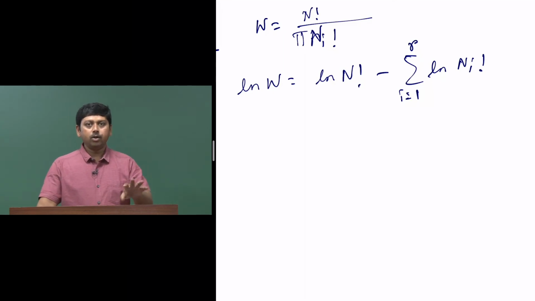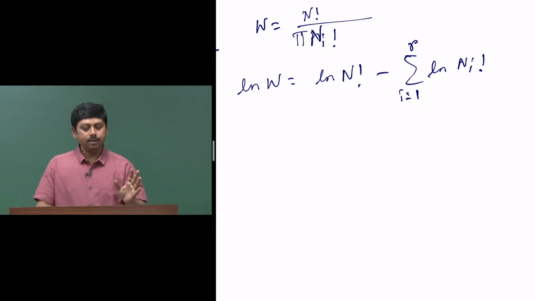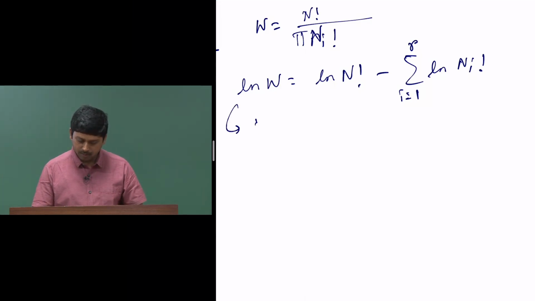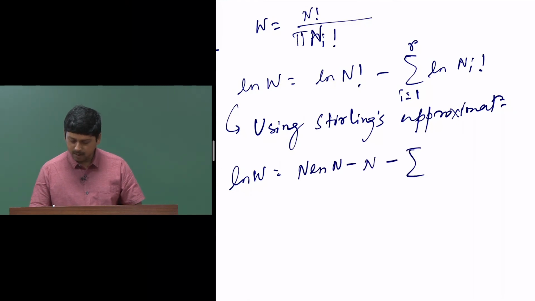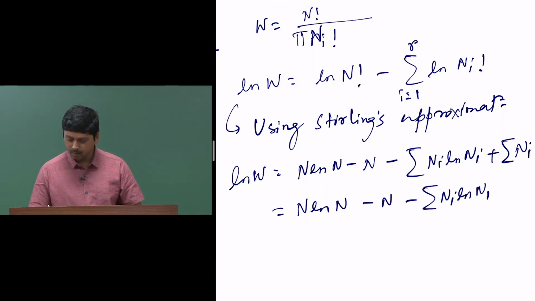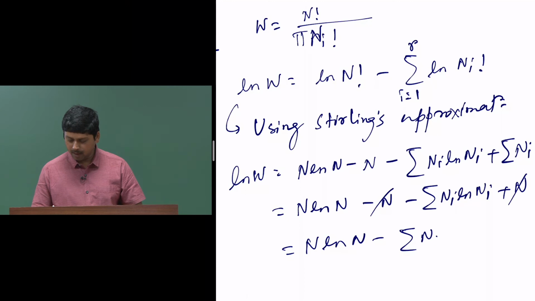Now, here we are going to use both Stirling's approximation and the cruder approximation, and see what happens to ln W. Now, using Stirling's approximation, what do we get? ln W equal to n ln n minus n minus ni ln ni plus ni, which gives us n ln n minus n minus ni ln ni plus n, and n cancels each other, giving us n ln n minus ni ln ni.